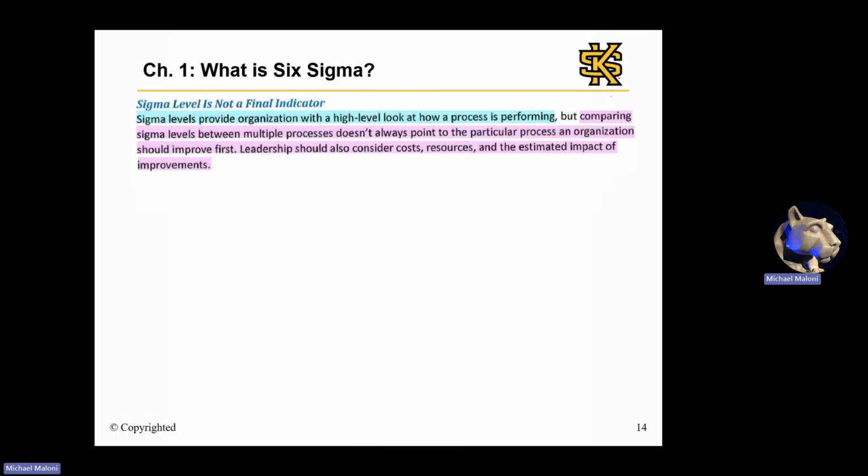The text emphasizes how the sigma of a process provides a high-level view of how the process is performing. However, that sigma alone is not enough to decide if one process or another should be targeted for improvement. That is, the organization should not necessarily just fix the lowest sigma process.